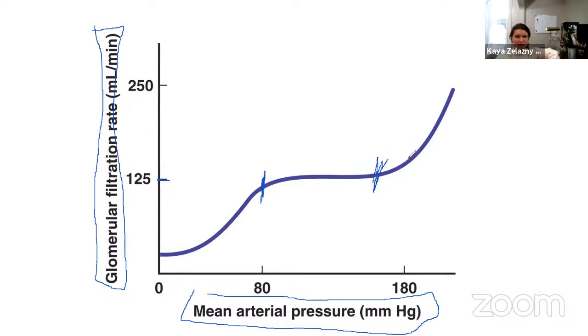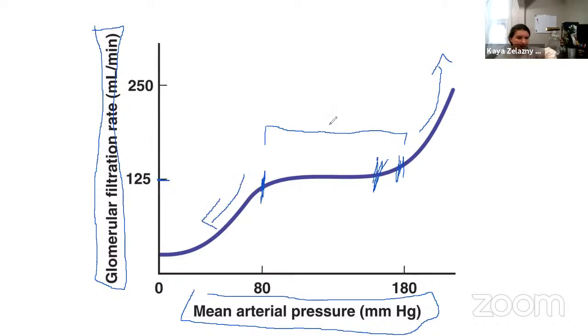So this whole range, I'll take it up to about 180, this whole range of mean arterial pressures is where our normal regulatory mechanisms work really well to keep us at the appropriate glomerular filtration rate. If we get outside of this zone, the filtration rates start to either shoot up or fall down.